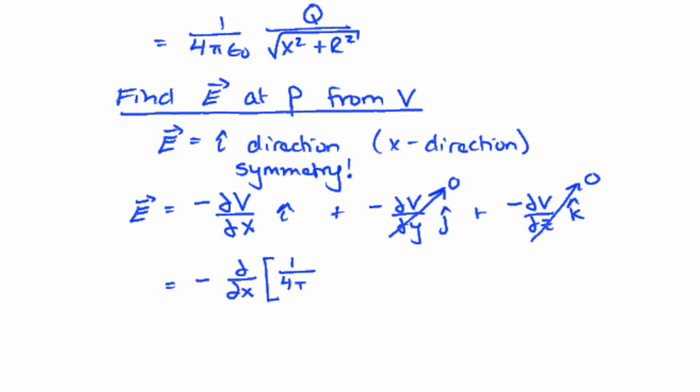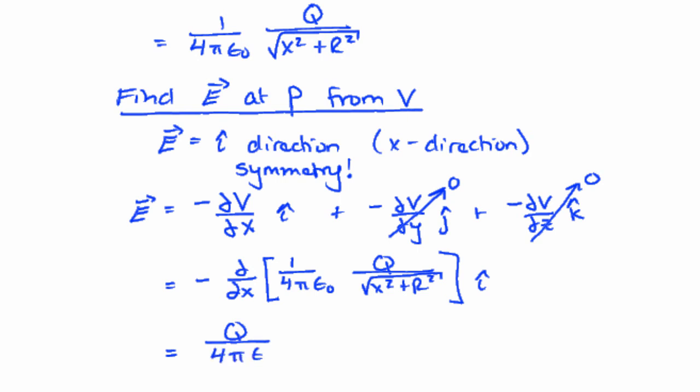Plugging in for my potential, which we calculated just above, I have this. I can go ahead and pull some of my constants out here. Since we're now taking the derivative with respect to x, q becomes a constant.